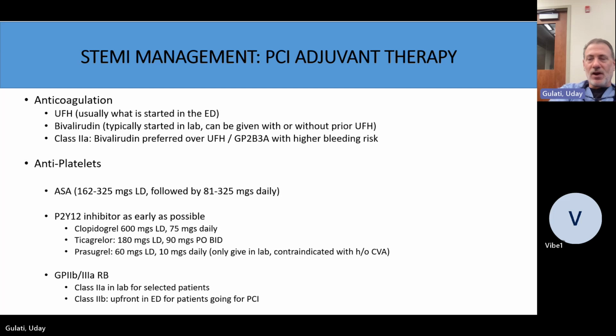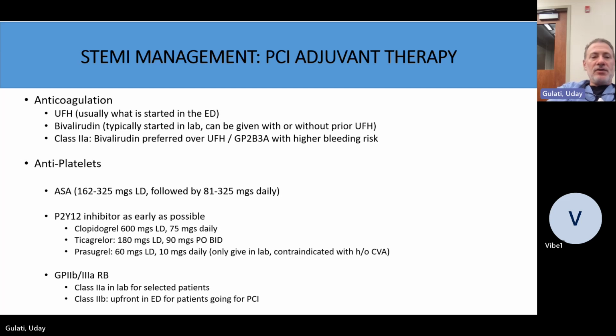It's so much safer. It's out of the system in no time at all. But it's probably an expense thing. Very expensive. Yeah. So if I go groin, if I decide I want to use a glycoprotein 2B3A receptor blocker, I'm almost certainly going to switch from heparin to bivalirudin in the cath lab because it's a little safer and the bleeding risks are lower.